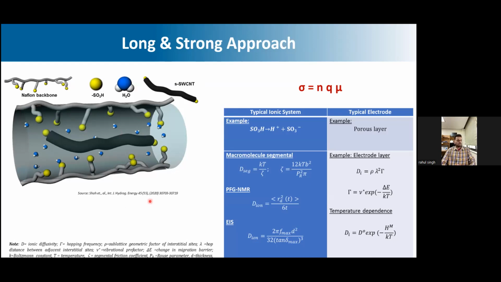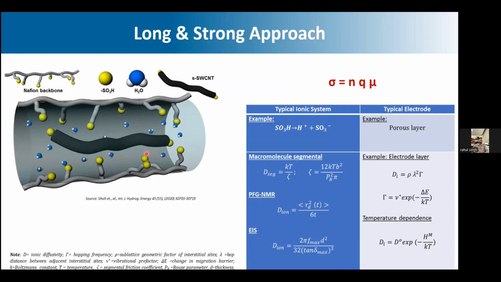But interestingly, we found that the introduction of single wall carbon nanotube also provides a path for ions to travel through those channels, the path which I showed in the previous slide. And here are some parameters we are taking into consideration for measuring all these things.